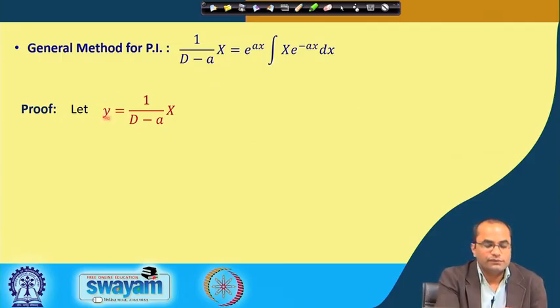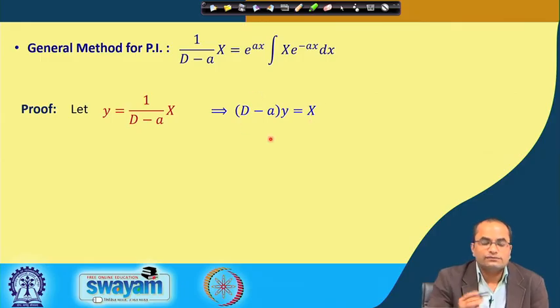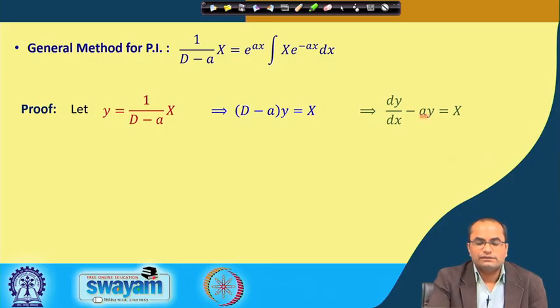When we multiply by (D minus a), we get (D minus a) y equal to X, and this is a first order linear differential equation in y, because dy over dx minus a y is equal to the right hand side function X.